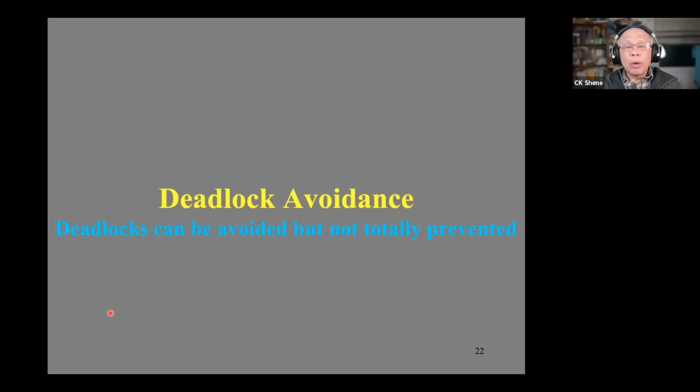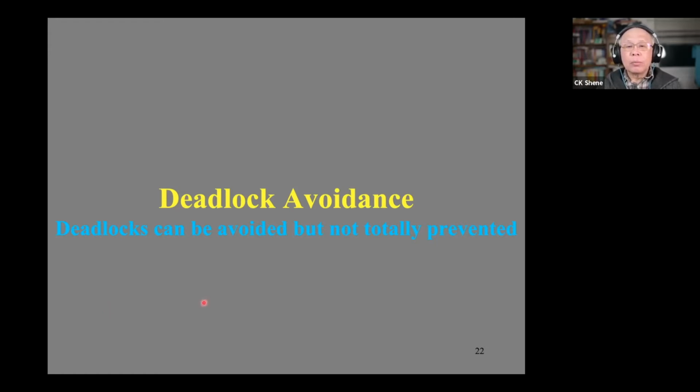Every process, when it's going to make a request to use a resource, must go through the central system. Therefore, the central system knows which process has something and needs something else and how many. This algorithm will be discussed in this lecture.